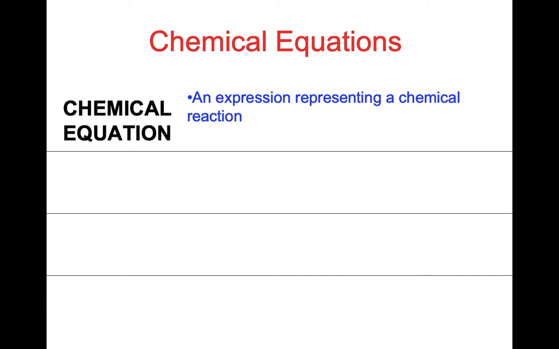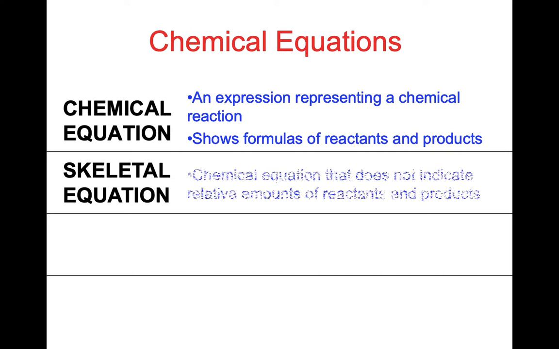You don't have a place in your notes for these equations. Just read through them. We're going to look at representing a chemical reaction by showing the correct formulas for the reactants and products, and then we're going to balance those. Before it's balanced, it's called a skeletal equation. It's just showing the reactants and the products. It might not be balanced yet. That's a skeletal. However, sometimes a skeletal equation can be a balanced equation.